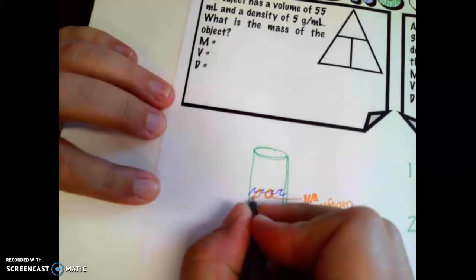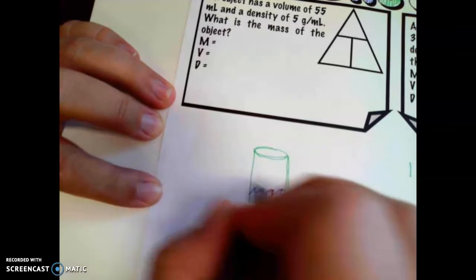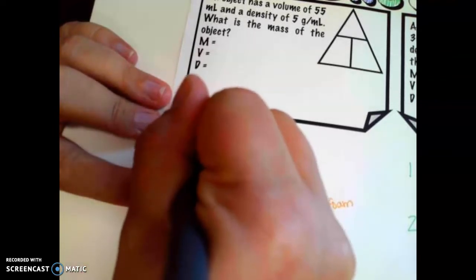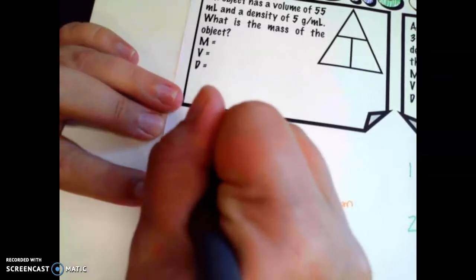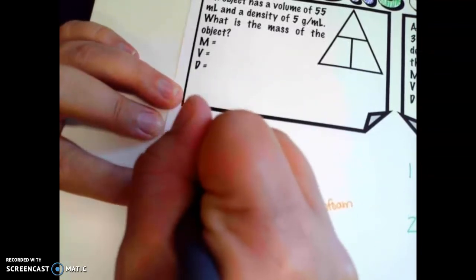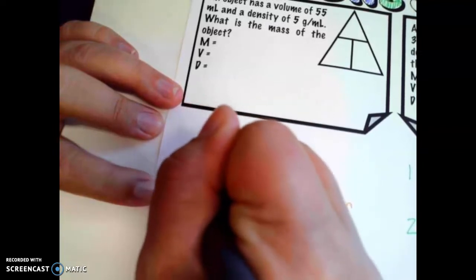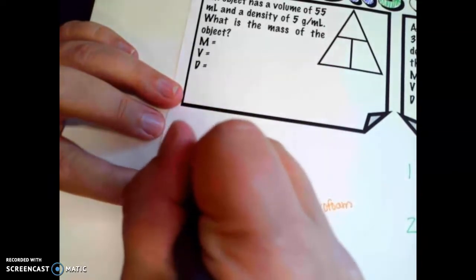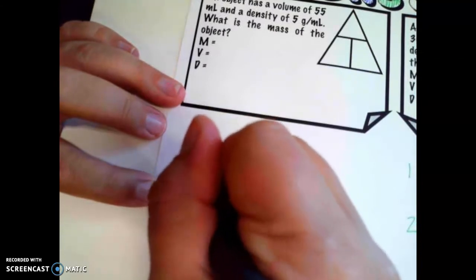So the pieces of styrofoam cup, if I compare them to the water, the styrofoam cup is less dense than water. We know this because, or our evidence is, it floats.